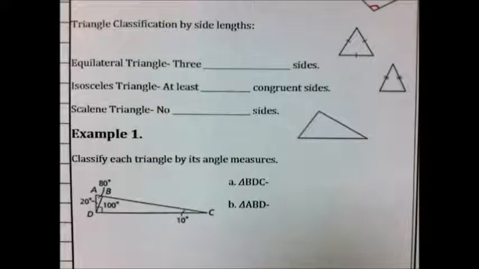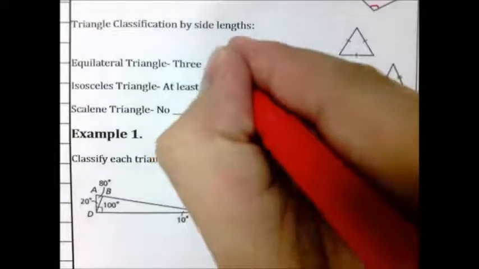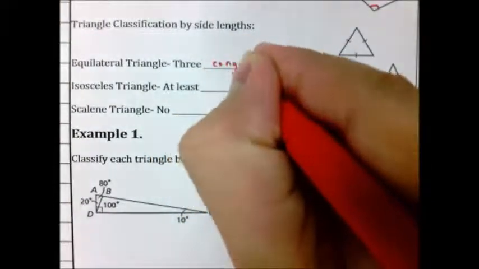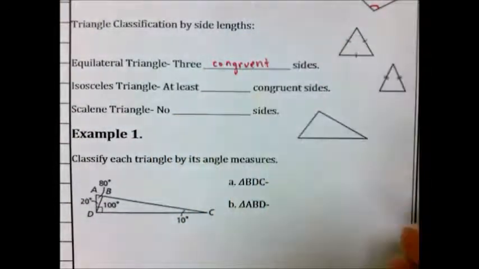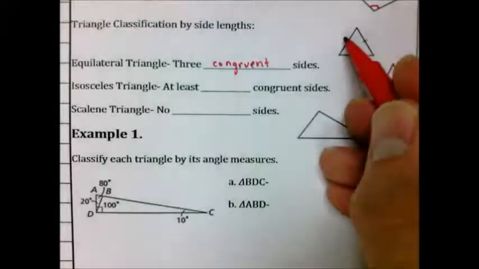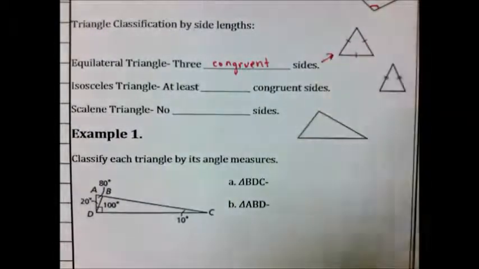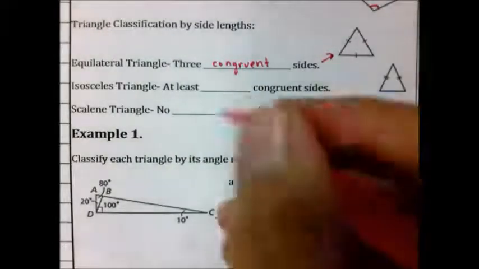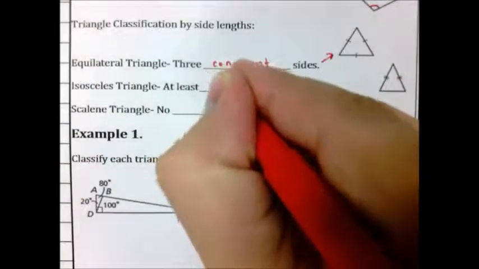Now, like I said earlier, there are 3 ways to classify a triangle by its side lengths. The first one is an equilateral triangle. An equilateral triangle has 3 congruent sides, and those are marked by those little hash marks on each one. An isosceles triangle has at least 2 congruent sides.